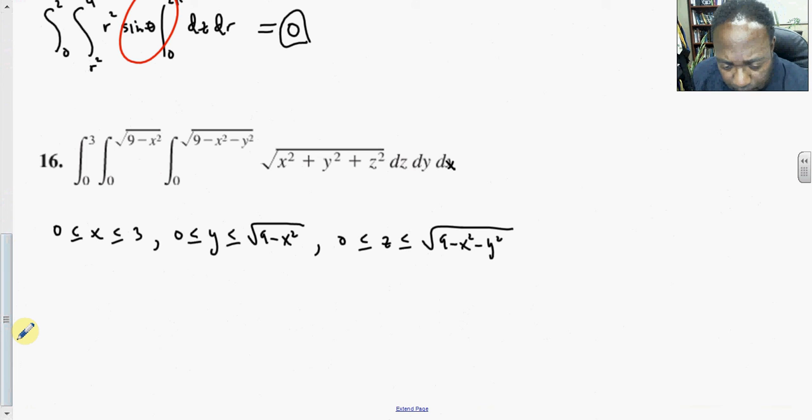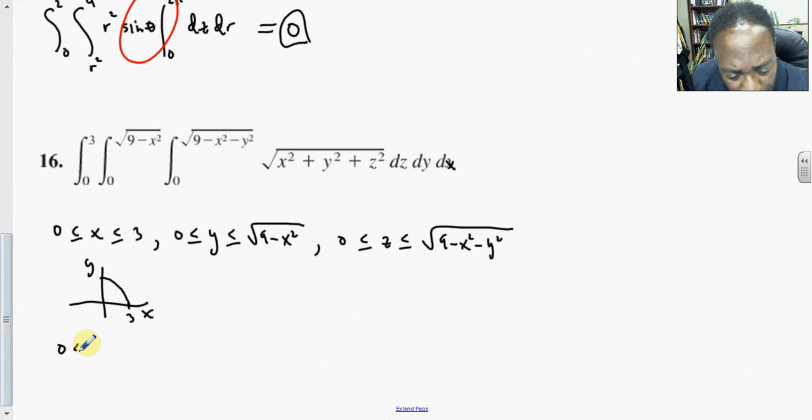So it's difficult to look in the third dimension by hand, so I will only look at what happens in the xy plane. So x goes from 0 to 3, and then y is the top part of the circle, but it doesn't go over to the second quadrant because x is bounded from 0 to 3. So it's this.